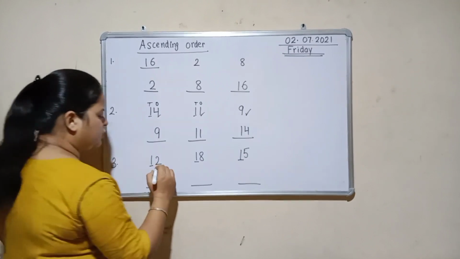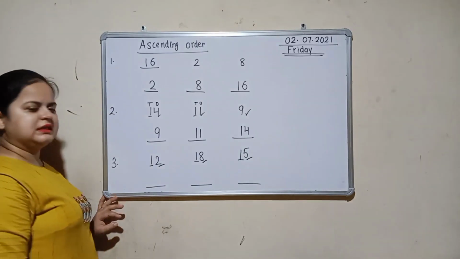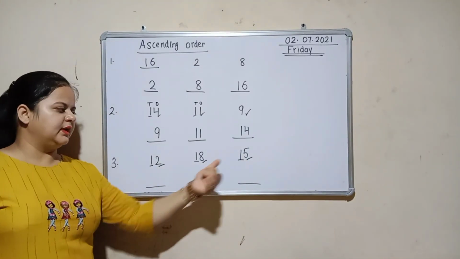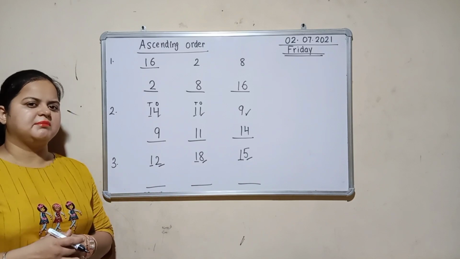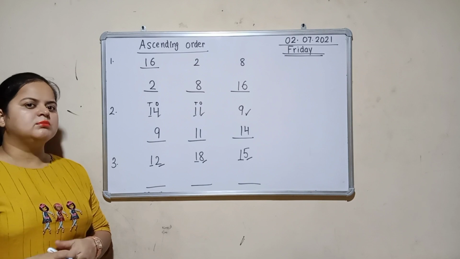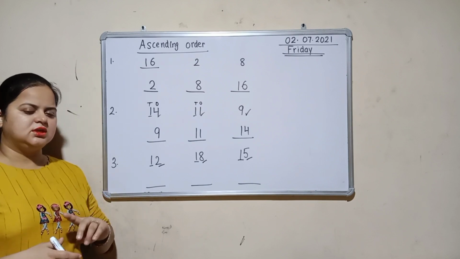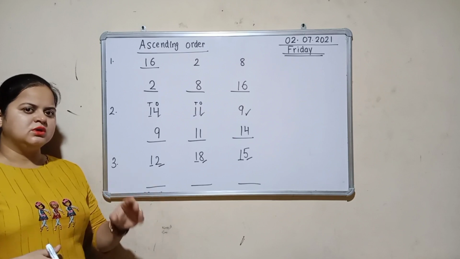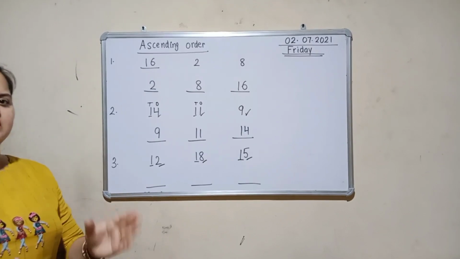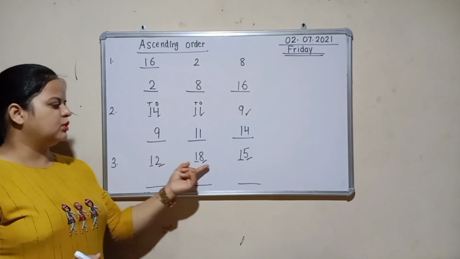So look at the digits placed on the ones place: 2, 8 and 5. Which is the smallest number from these 3? Which number comes first in the counting? 0, 1, 2, 3, 4, 5, 6, 7, 8, 9. Which number comes first? 2, 8 or 5?